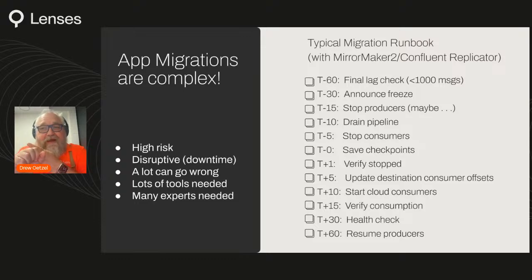They've recently come out with Express Brokers. Express Brokers are less expensive versions of MSK, up to 40% cheaper according to the AWS website. So there's a lot of benefit to migrating to them.